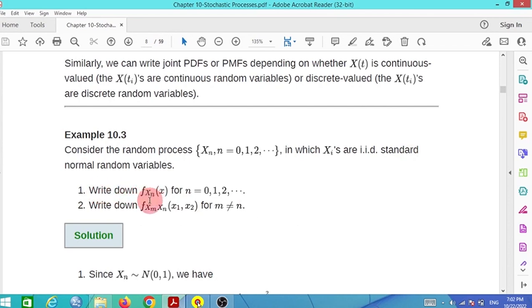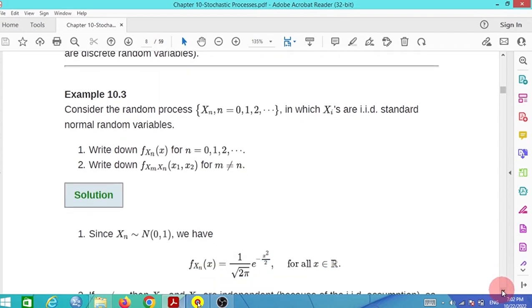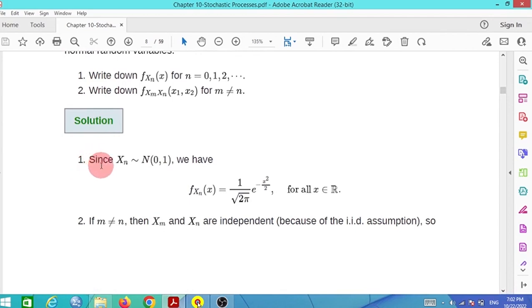Now write down f of X_n at x. This is the probability density function of X_n for each time 0, 1, 2, and so on, and write the joint probability density function for X_m and X_n. For the solution, the first part: since X_n is a standard normal distribution, that is mean is 0 and variance is 1, the formula for the probability density function of x is same as this.